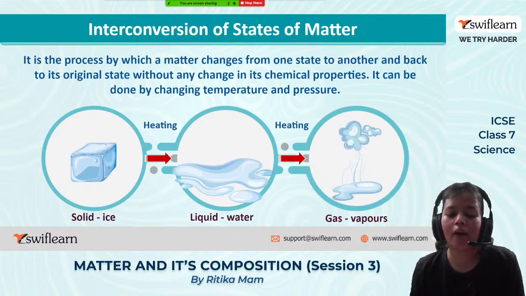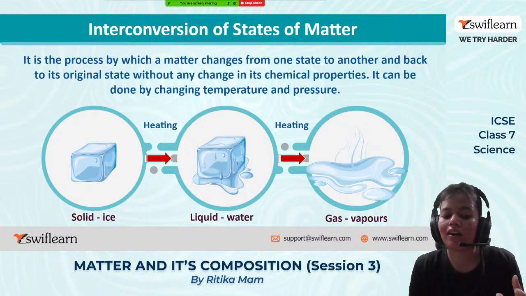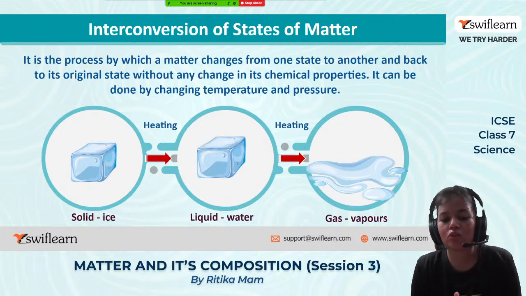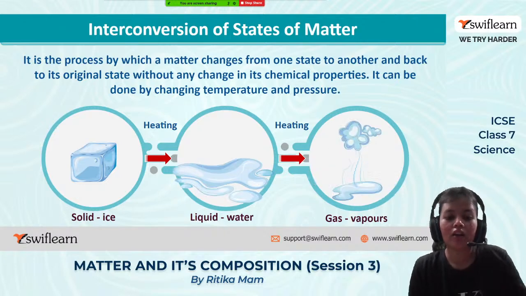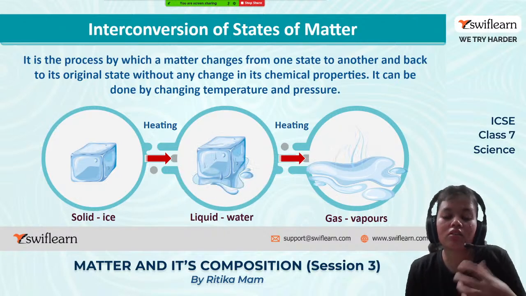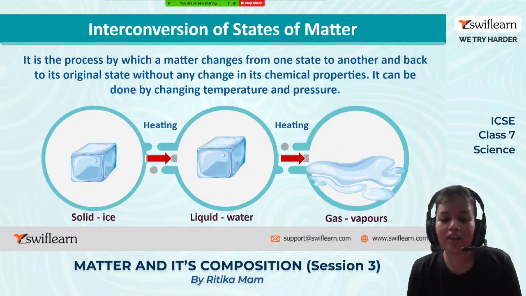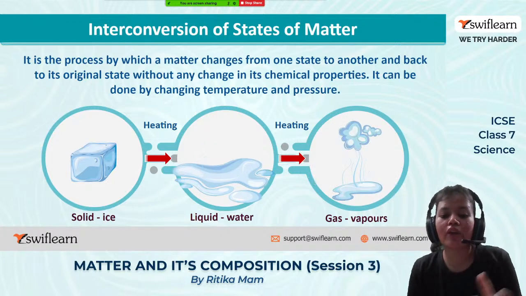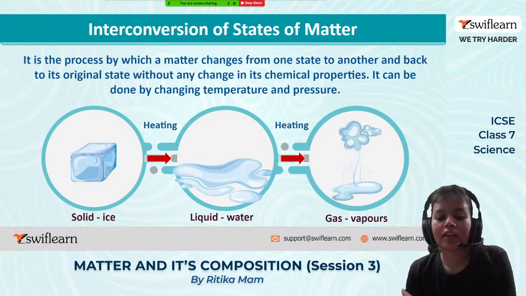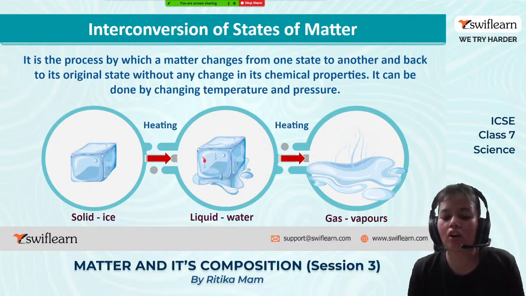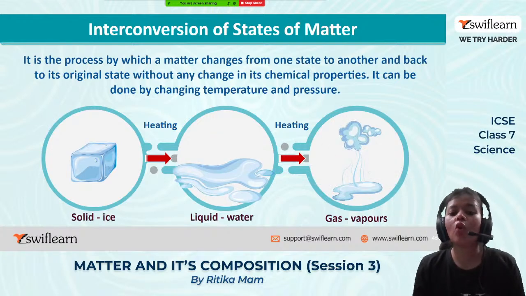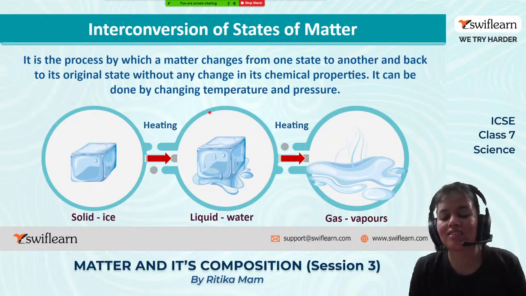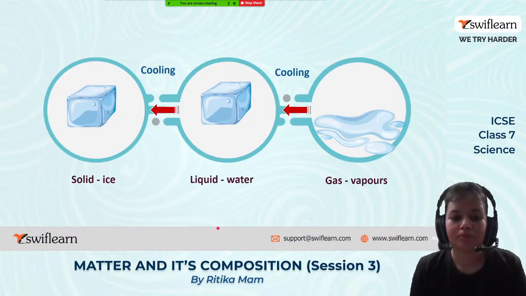What will happen if we apply heat to the ice? It will change to liquid form. If we continue to apply heat, it will soon turn into vapors, taking the form of the gaseous state of matter. But during this change no chemical change happens, it is just a physical change.